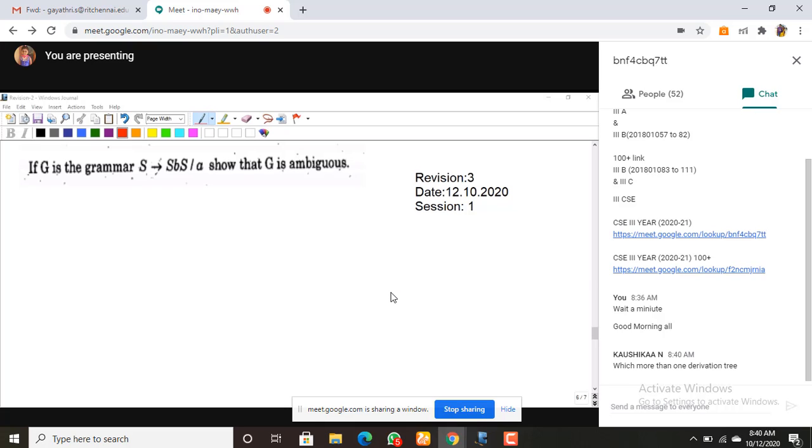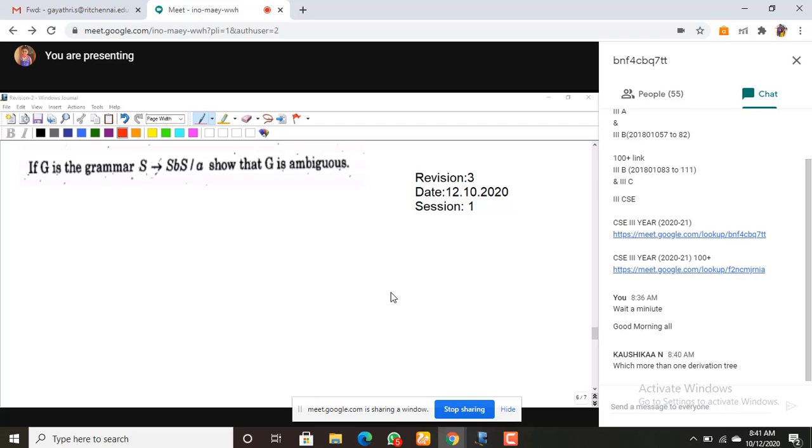For a single grammar, if it is possible to draw more than one left derivation tree, or more than one right derivation tree, or both, then that grammar is ambiguous. We should avoid ambiguity. But as per the TOC syllabus it is enough to know what ambiguity is. How to remove the ambiguity is not part of TOC; it is part of the compiler design subject.